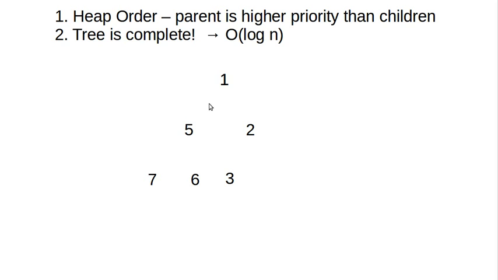Actually, let's reverse the direction on that so that this looks like a proper binary tree, something like what you're used to seeing from our previous chapter on BSTs. Okay, this right here would be a valid heap, assuming that low values are high priority.